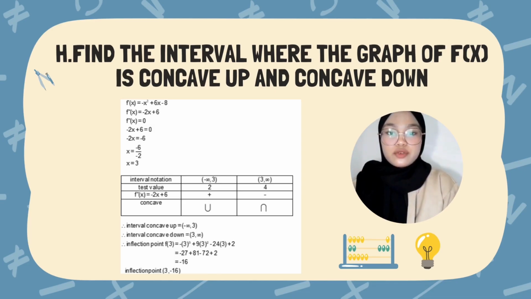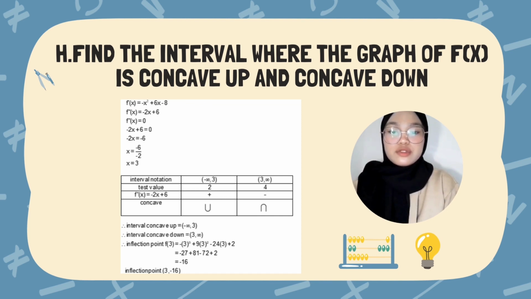So for question 3H, we need to find concave up and concave down. So we are using the equation f prime x equal to negative x squared plus 6x minus 8, and we differentiate it to get f double prime x, and we get negative 2x plus 6. Set f double prime x as 0, so negative 2x plus 6 equal to 0.